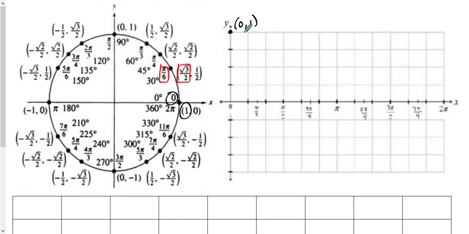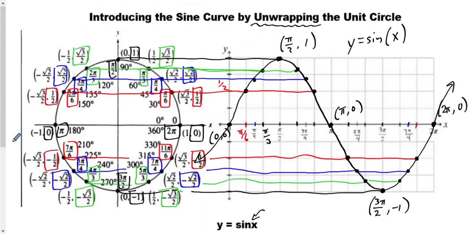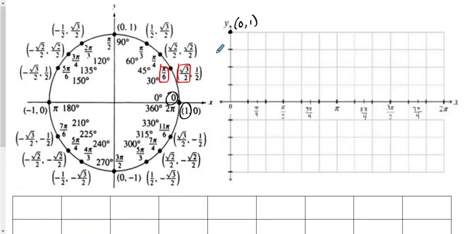I don't really have a good reference for where that is. Let me look back at the sine curve. Okay, so we saw root 3 over 2 was right around here. So I'm going to put root 3 over 2 right around here, and my point will be at pi over 6, root 3 over 2.